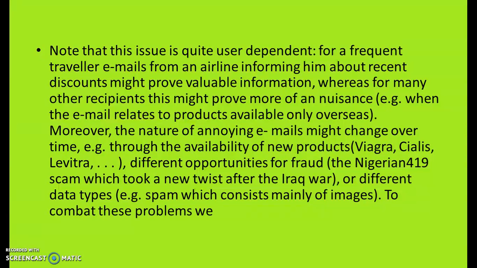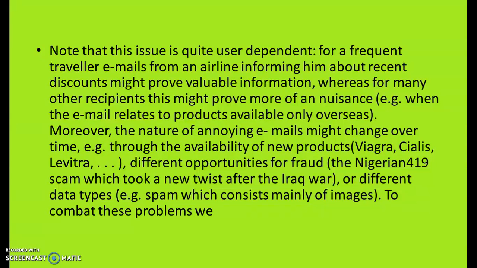The same goes when the email relates to products available only overseas. Moreover, the nature of annoying emails might change over time, for example through the availability of new products like Viagra, Cialis or Levitra, or whatever it might be.